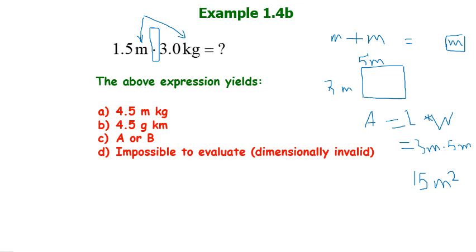We can't multiply meter times centimeter. We can't do that. We have to convert one to another first. We can't multiply meter times inch, or times mile, or times yard. We need to multiply the same unit.